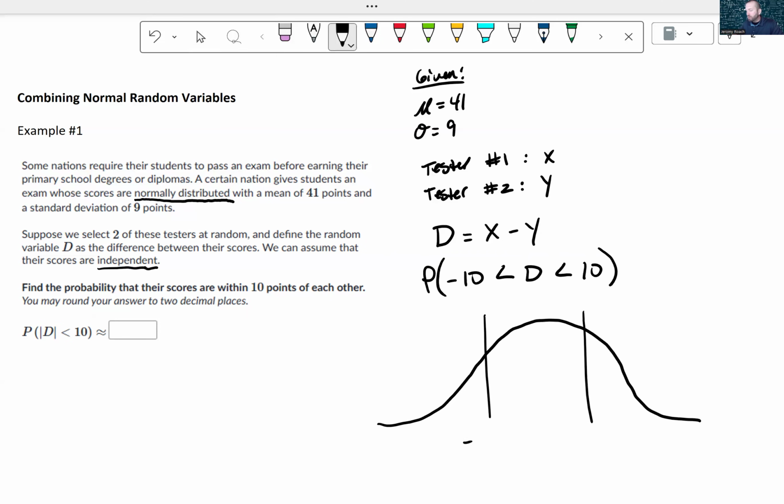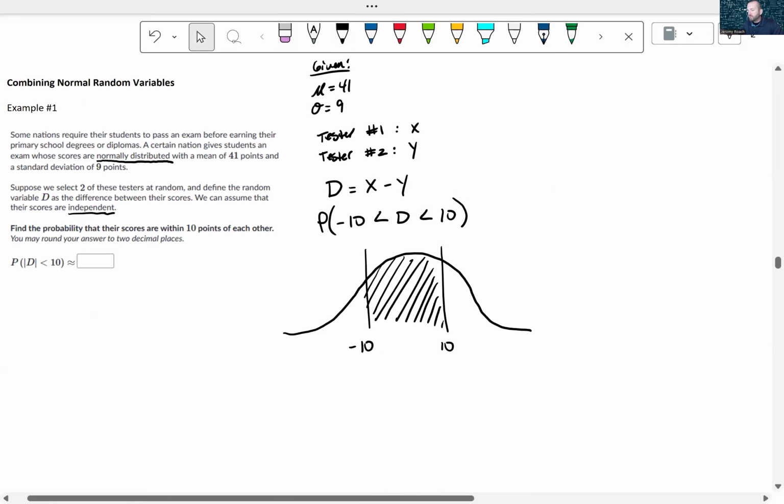And this probably is going to sound like review to you. And if it does, that's a good thing. That's great. So we want to find the area under the curve because that's our probability. And we're just going to use the z-score. So let's convert this to a z-score next.